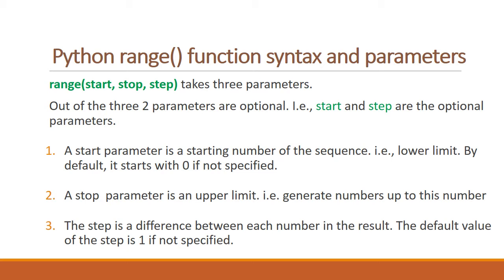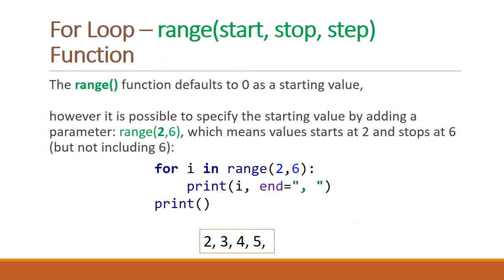A stop parameter is the upper limit. In other words, it generates numbers up to but not including that number. The step is the difference between each number in the result. The default value of the step is 1 if not specified.